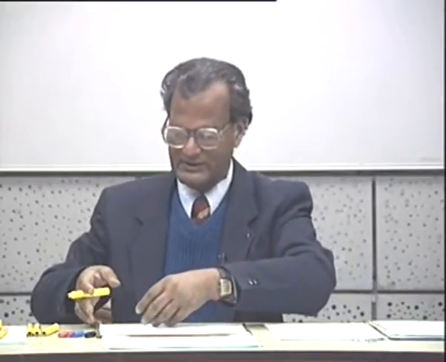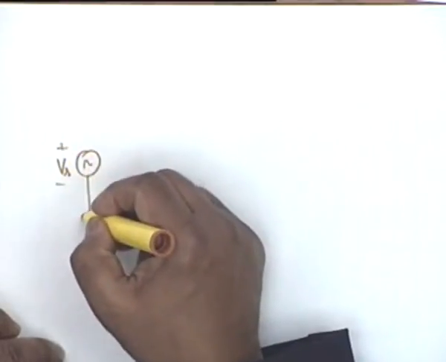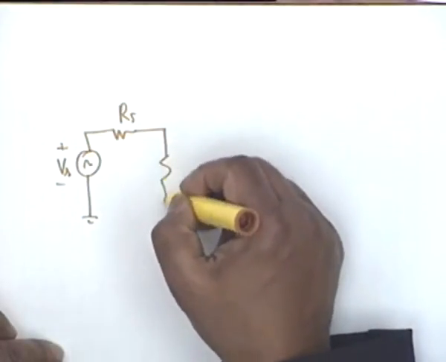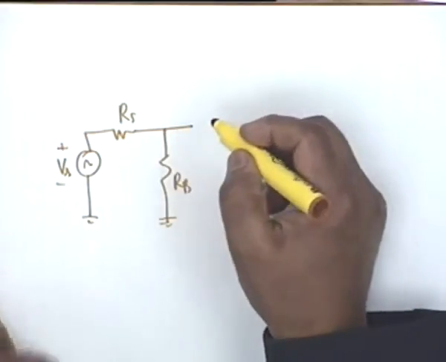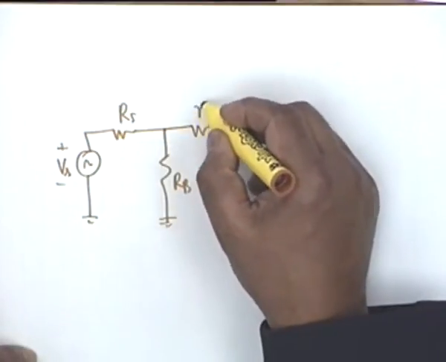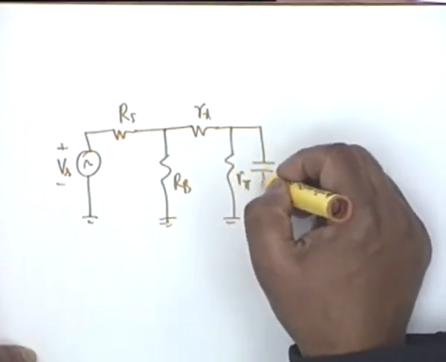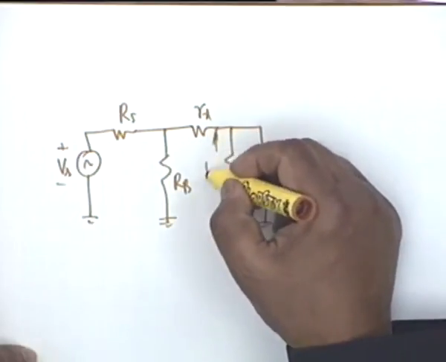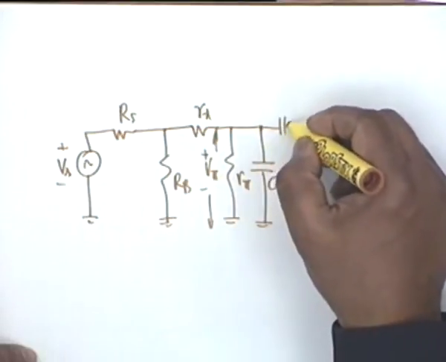Let us draw the equivalent circuit, then we will see how this is affected. We have Vs, Rs, then we have R sub B, and then Rx, R pi, C pi, this voltage is V pi, okay. We have C mu.